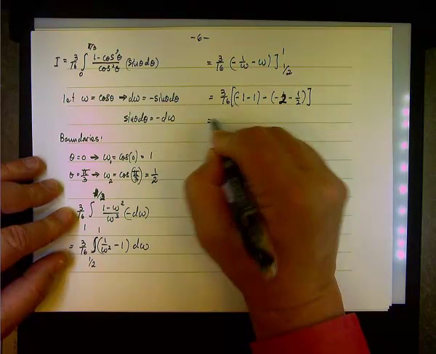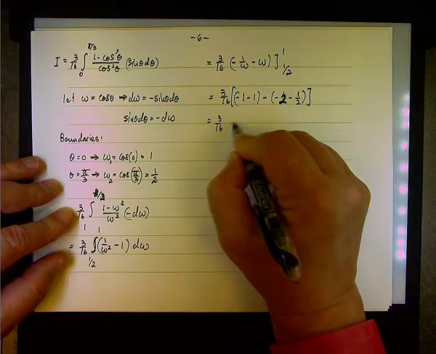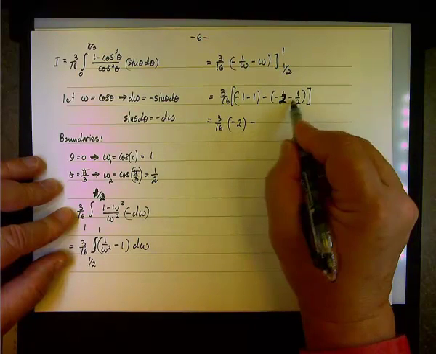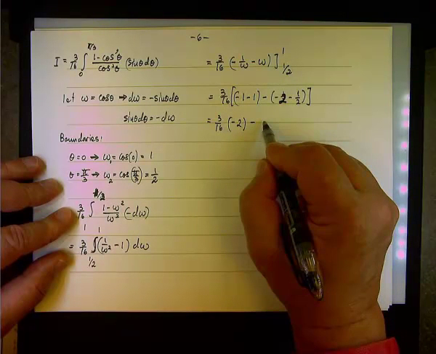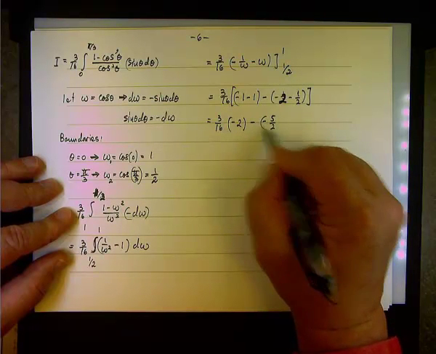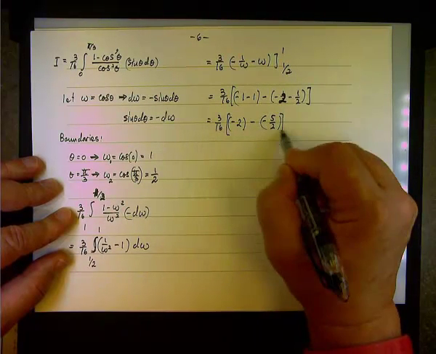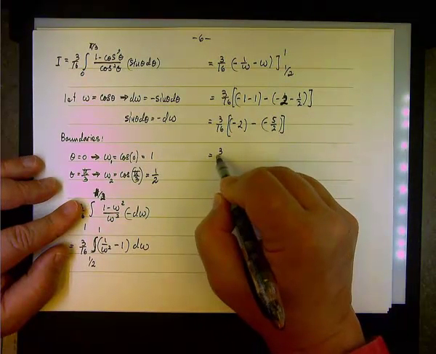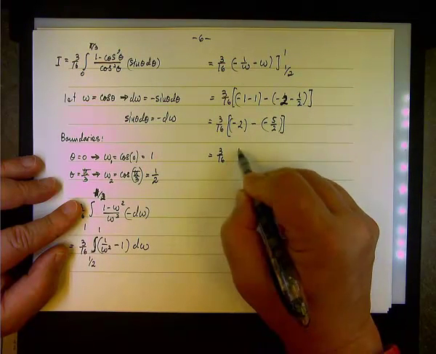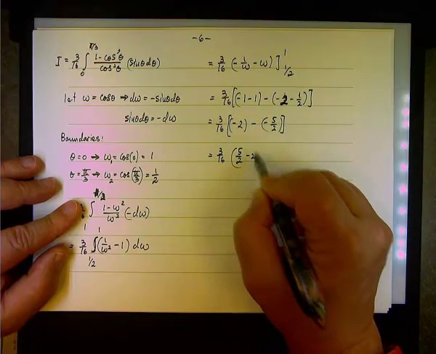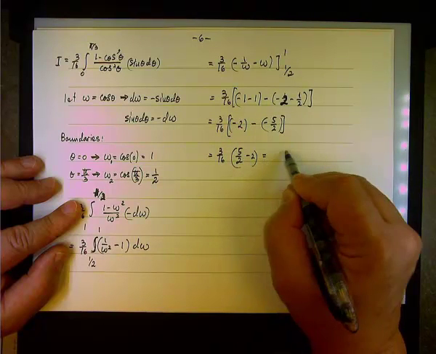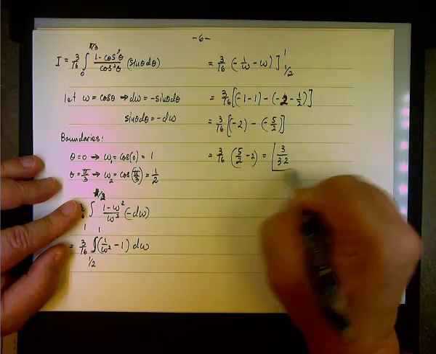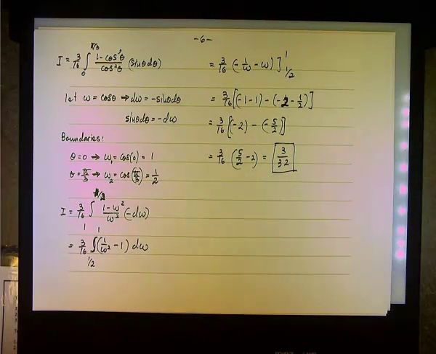So we'll have 3 over 16, negative 2 here, and minus, this will be minus 5/2. Right? This will be 5/2 minus 2, or 1/2, so we end up having 3 over 32, which happens to be the correct answer.